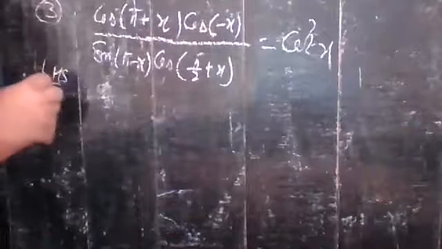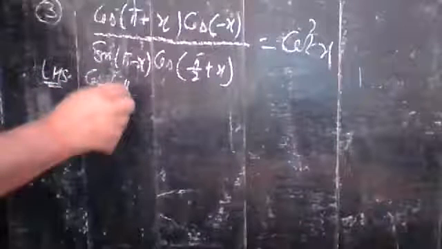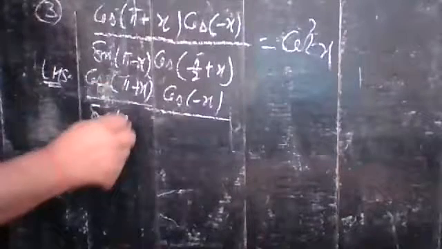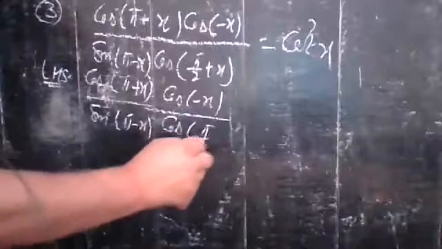Yes, taking the left side and applying the concept which you already know. So if you take the left side, you write the part which is on the left side: cos pi plus x, cos of minus x whole divided by sin pi minus x, cos pi by 2 plus x.